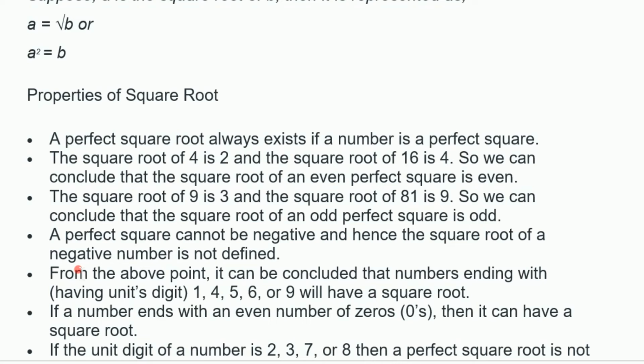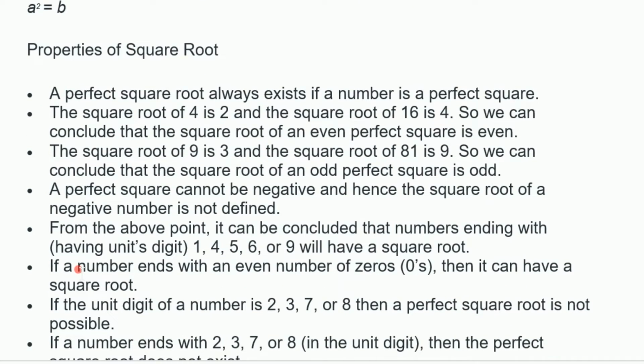There are some properties, we will go through them. A perfect square root always exists if a number is a perfect square. The square root of 4 is 2 and the square root of 16 is 4. So we can conclude that the square root of an even perfect square is even.